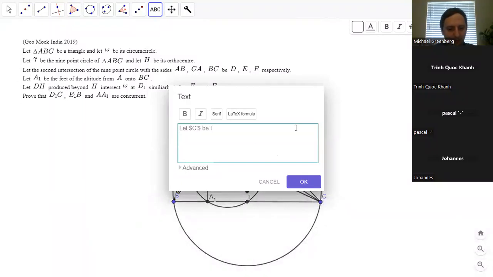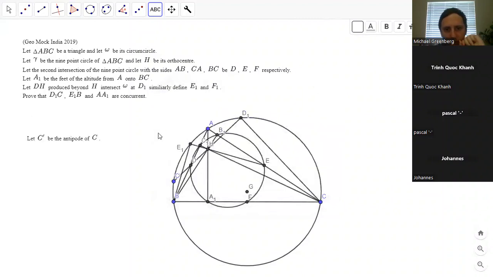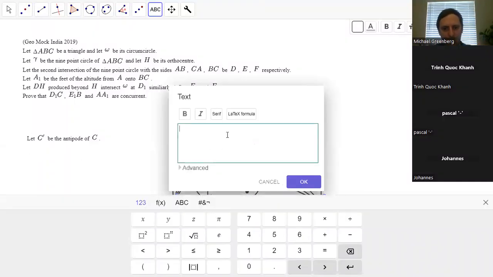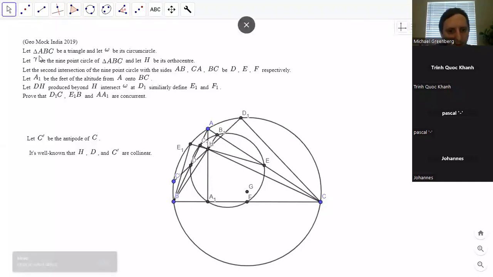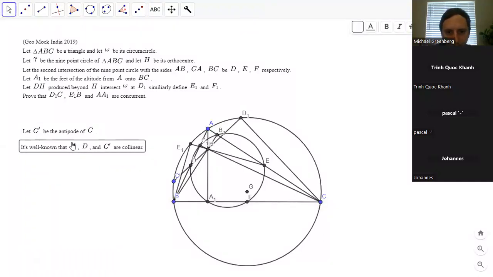Let C prime be the antipode of C. Then it's well known that H, D, and C prime are collinear. So that means angle HD1C is 90.